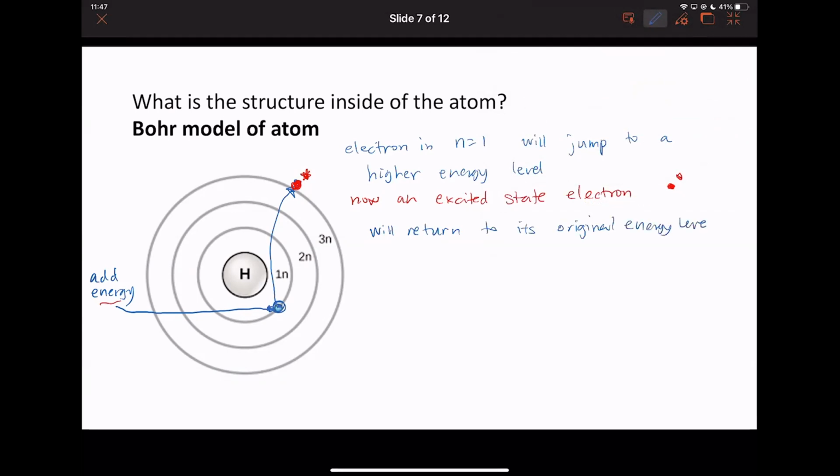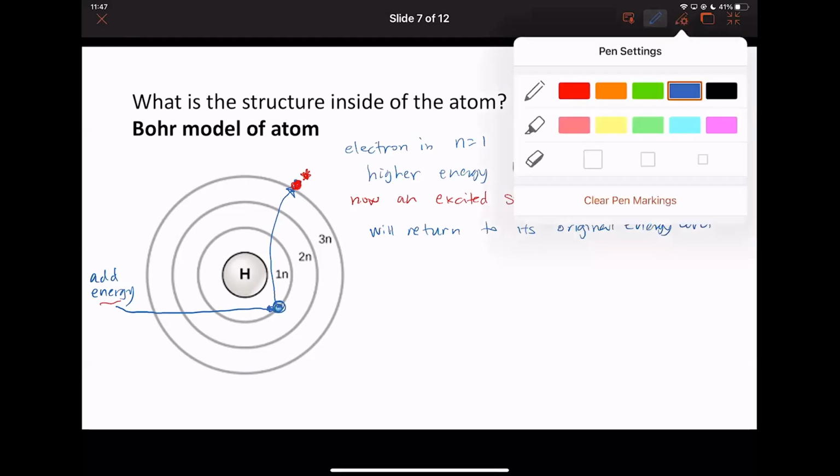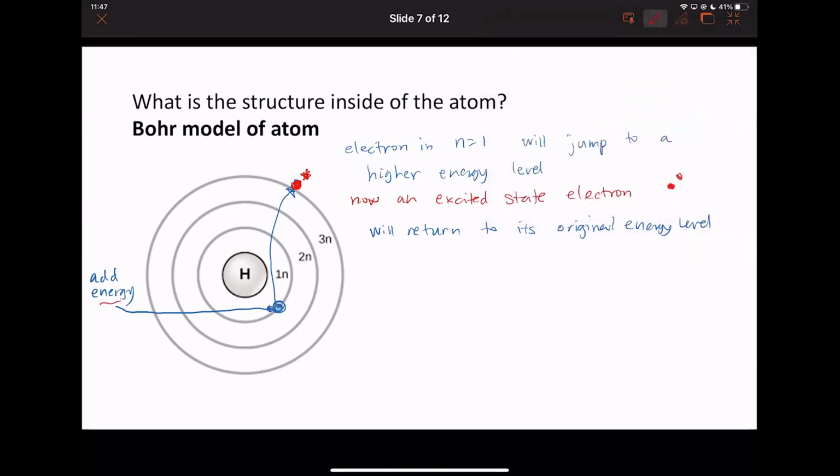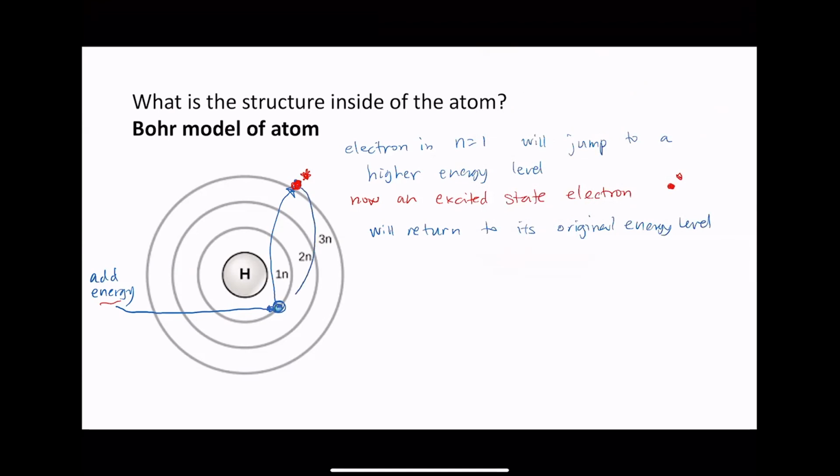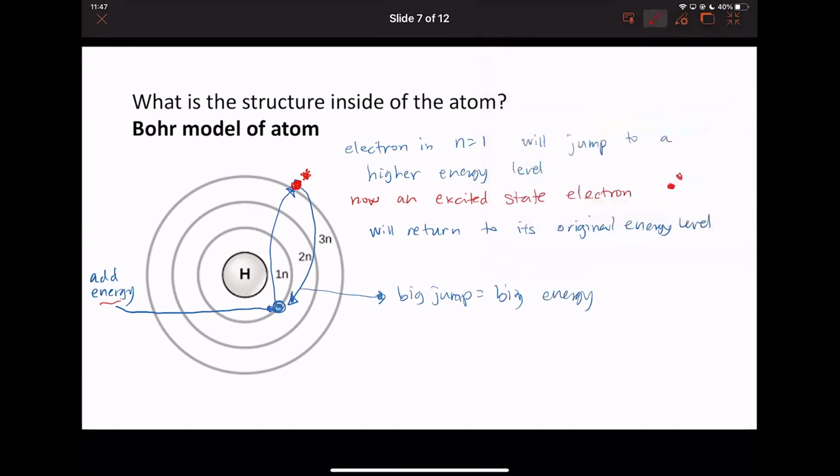It can return to that energy level in one big jump. So let's take it as a big jump. Let's look at this color. It can do a big jump, which is going to release a big amount of energy, related to a color, or it can do this in a bunch of different jumps.